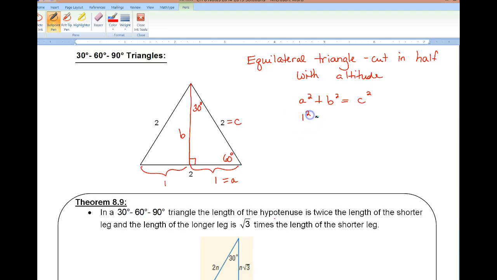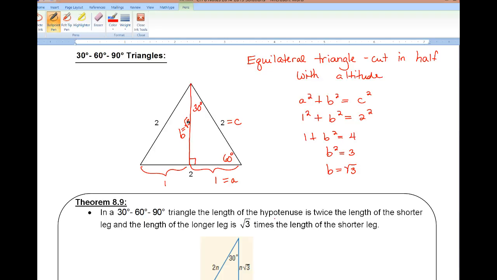So it's 1 squared plus B squared equals 2 squared. Okay, so I get B equals square root of 3.